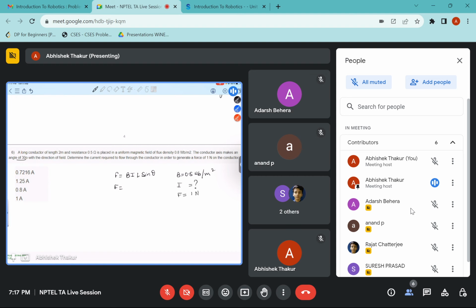And after that, the remaining term is the length. Length is 2 meter and theta is 30 degree. So when you substitute all the values, we will get I is equal to force 1 divided by 0.8 into 2, and sine 30 degree will be 1 by 2.